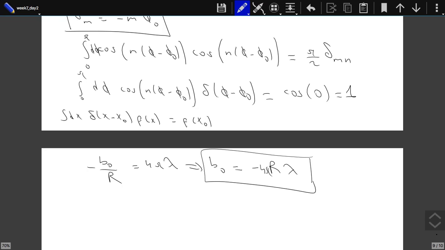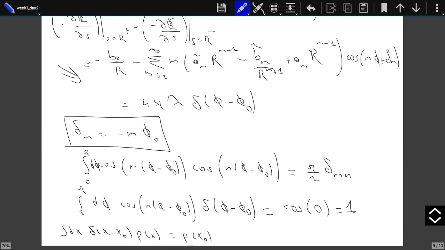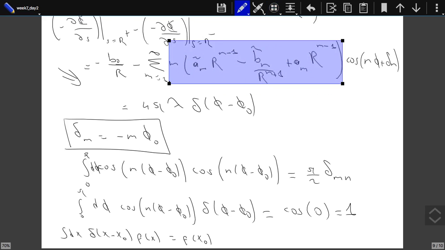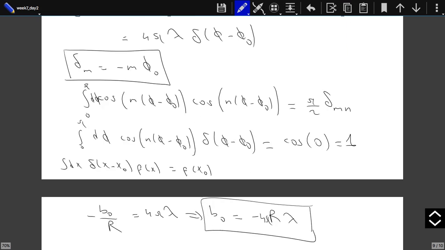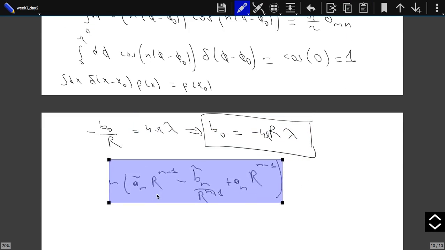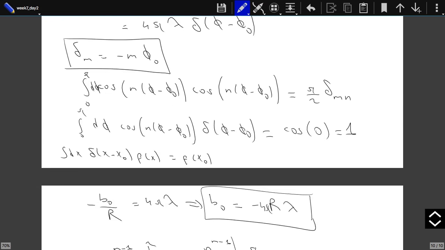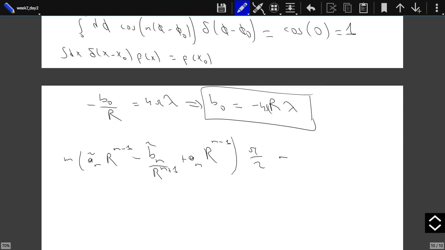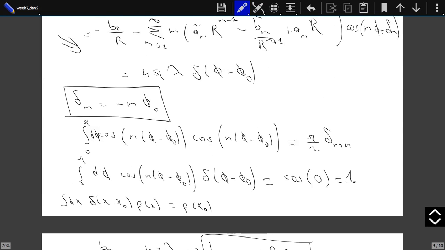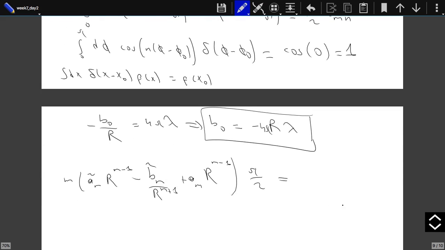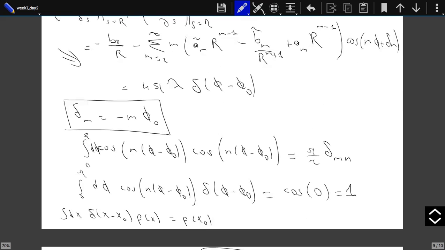And then what else? We have this combination. Multiply by pi over 2. This should be equal to, this is also 4 pi lambda, with a minus sign.